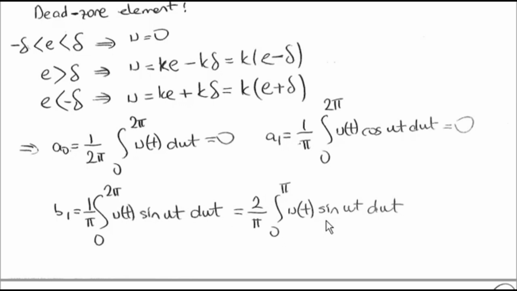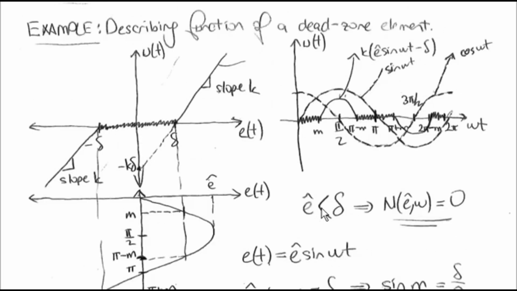And here, can I do a better thing? Can I use more symmetric properties here? And the answer is actually yes. So now let us look at the integral from 0 to pi. If I integrate from 0 to pi over 2 only, the integral from 0 to pi over 2 will be the same as the integral from pi over 2 to pi, because sine is symmetric with respect to pi over 2 between 0 and pi, and u of t is symmetric with respect to pi over 2 between 0 and pi.